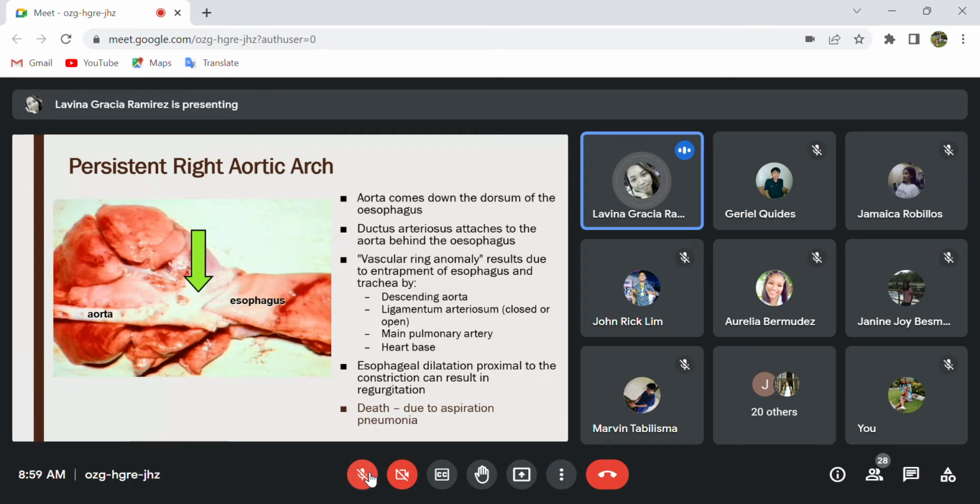So that's how it will be assessed, especially on postmortem, where you see the aspiration pneumonia. The death in PRAA is, most of the time, due to aspiration pneumonia.